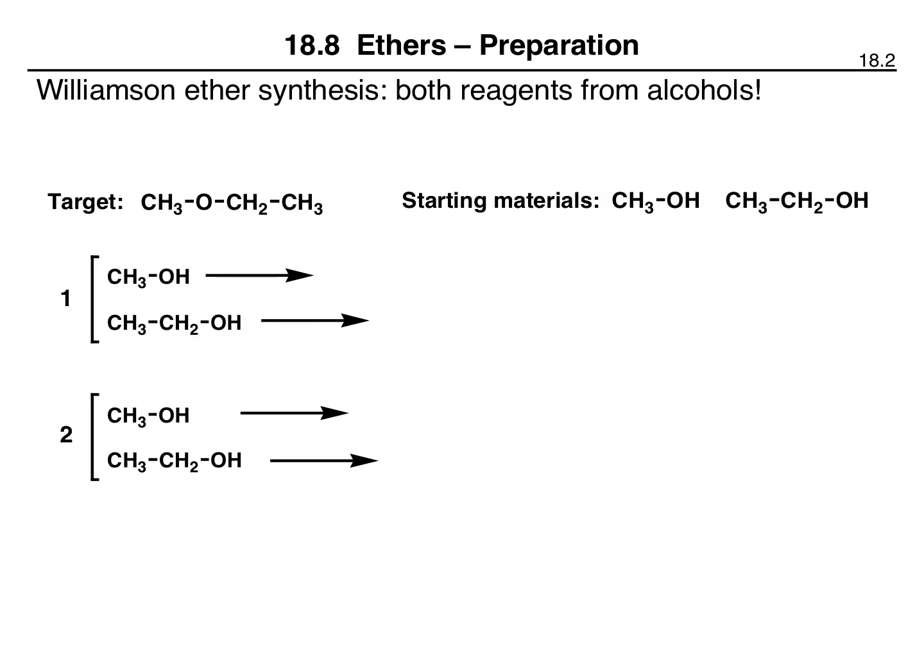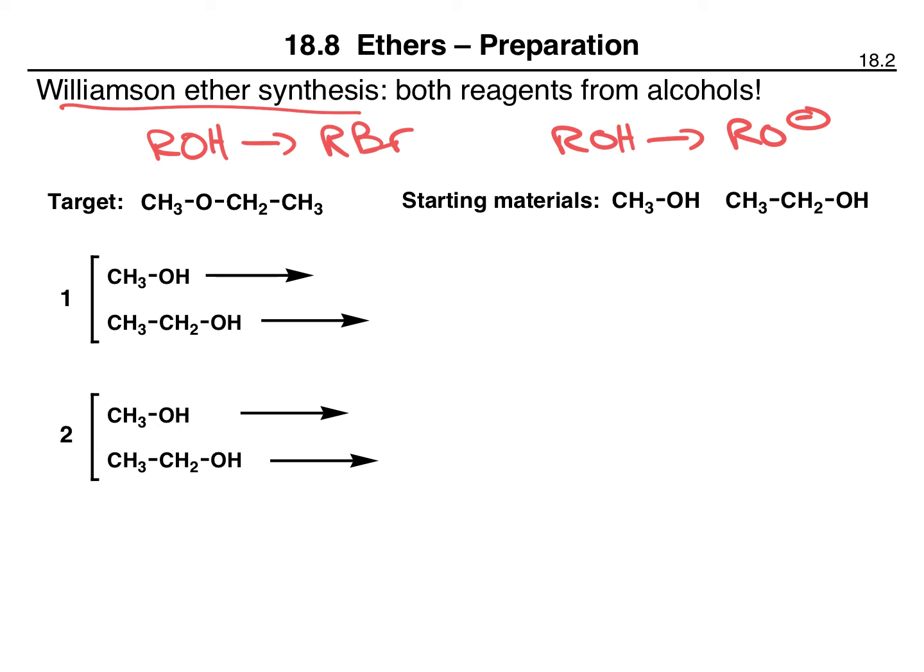Now notice with the Williamson ether synthesis, both reagents come from alcohols, because you can take an alcohol and treat it with HBr or PBr3, for example, to convert it to an alkyl bromide. And you can take an alcohol and you can treat it with a strong base to form the alkoxide.